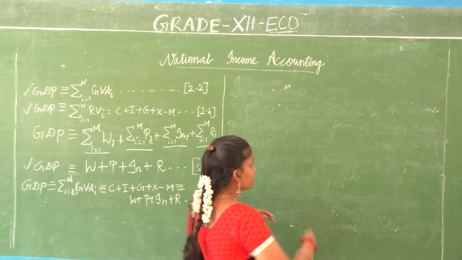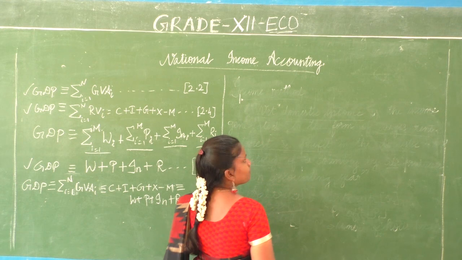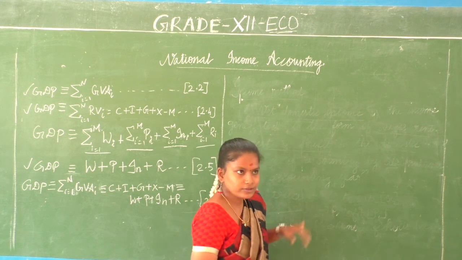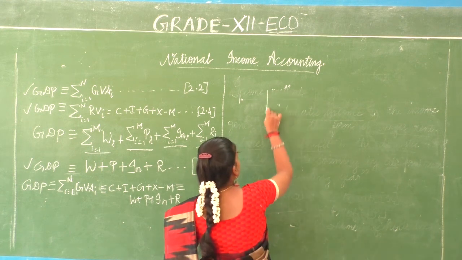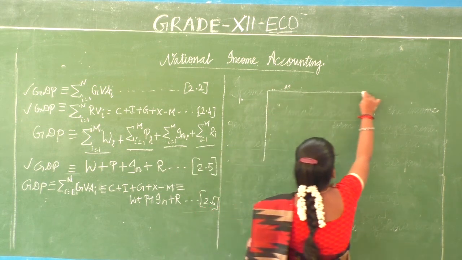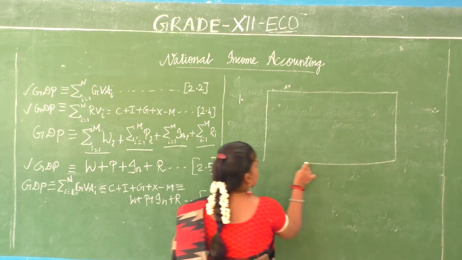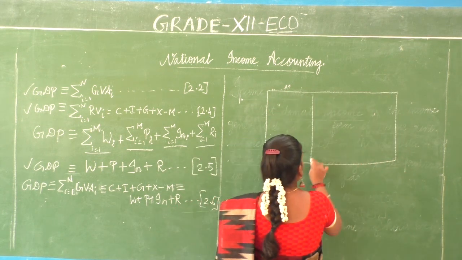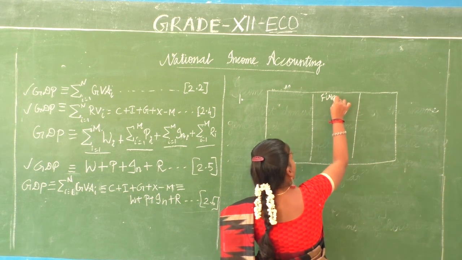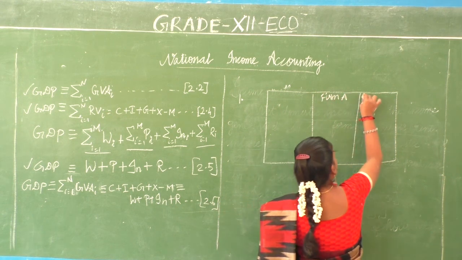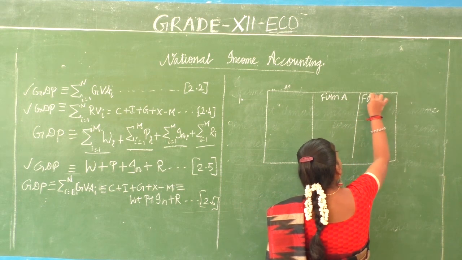First we are going to do the value added method. You know what you have to do? You have to have a tabular column, right? So in the tabular column, we have firm A and firm B.